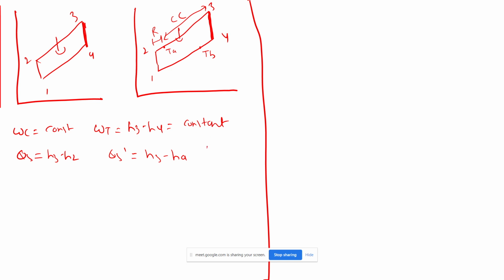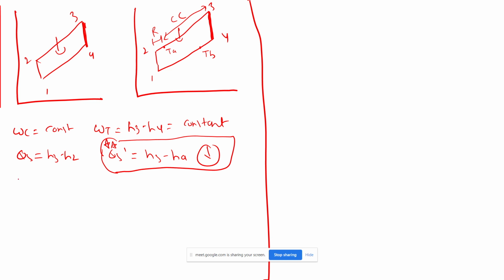So it will decrease. This type of question they try to ask as a one marks question. They will give a regenerative heating cycle: what will be the effect on the heat addition? Increase, decrease, remain constant, none of these? This type of question they ask for 1 mark.